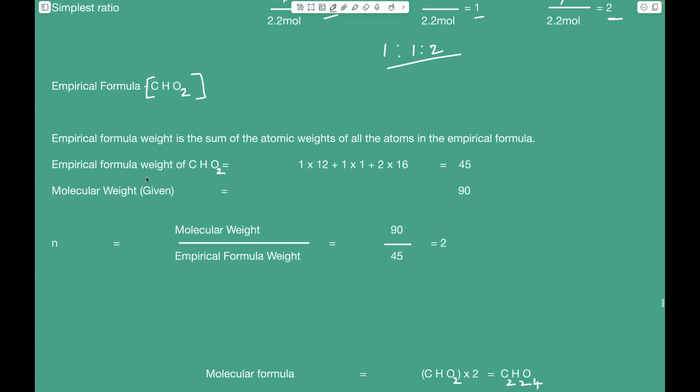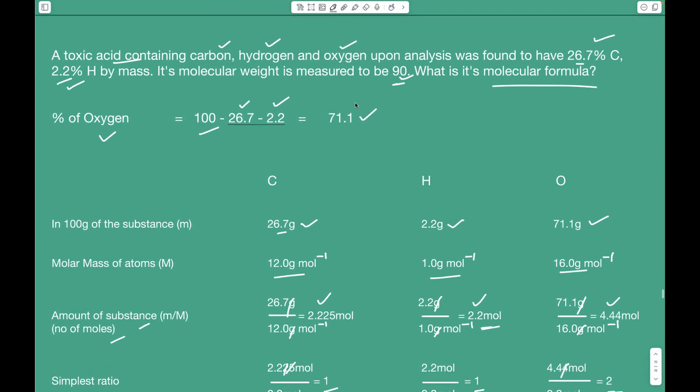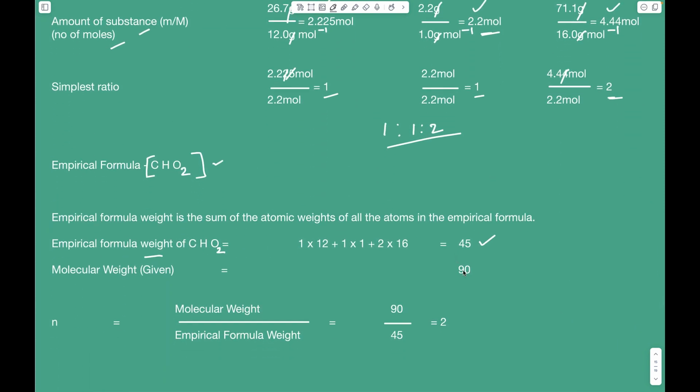First you have to calculate the empirical formula weight by adding up the atomic weights of all the atoms present in that molecule. And you know how to do that. And for this empirical formula, the empirical formula weight comes to 45. And the experimentally measured molecular weight of this compound is given, that is 90.